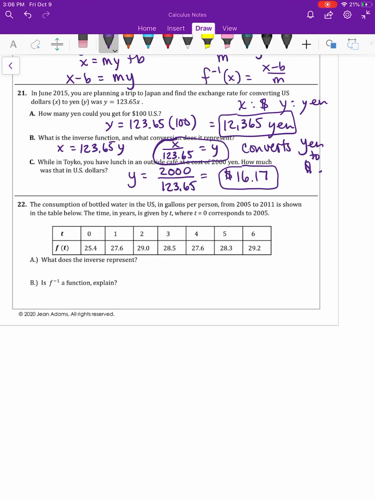The consumption of bottled water in the U.S. in gallons per person from 2005 to 2011 is shown in the table below. The time in years is given by T, where T equals 0 corresponds to 2005. What does the inverse represent?